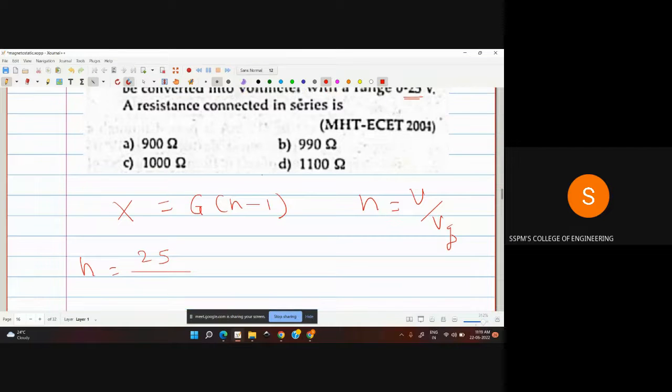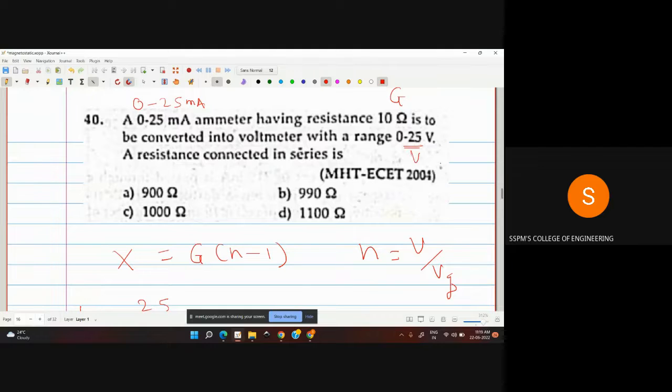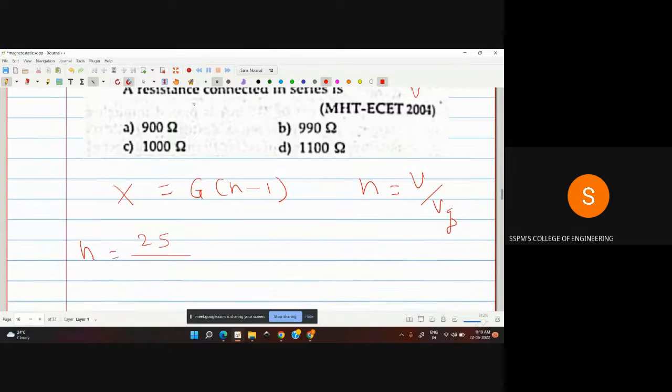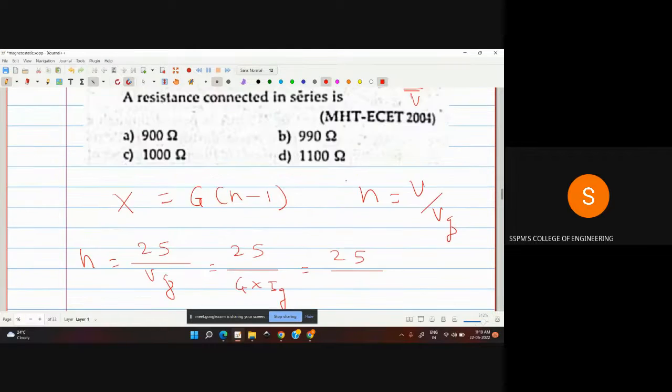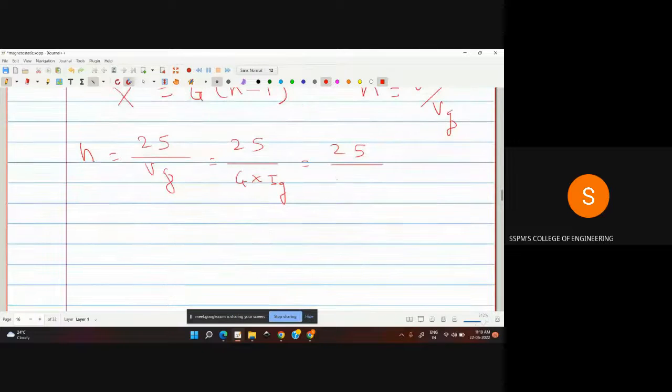हे बघा, हा V आहे आणि इनिशियल करंट फ्लोइंग थ्रू द गॅलव्हनोमीटर किती आहे, 25 मिली अँपियर आहे. तर VG कसं फाइंड आउट करणार, 25 व्होल्ट, VG is G into IG is equal to 25 divided by G is given is 10 ohm into 25 into 10 to the power minus 3.